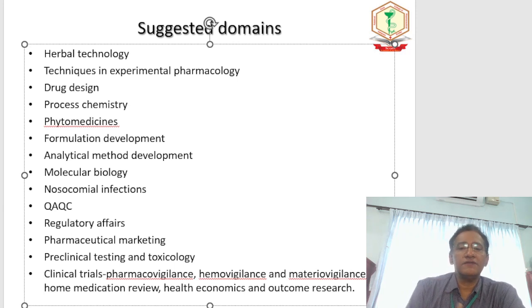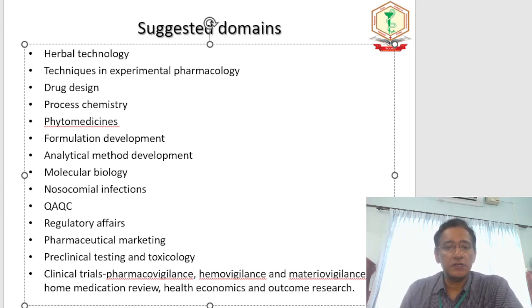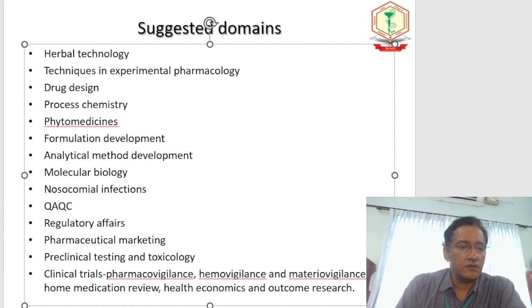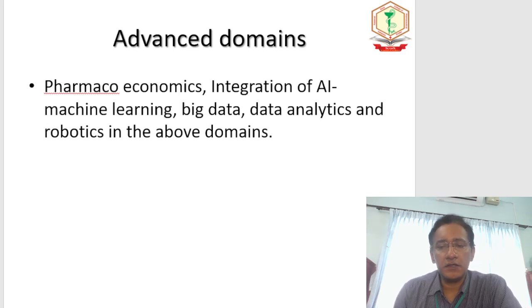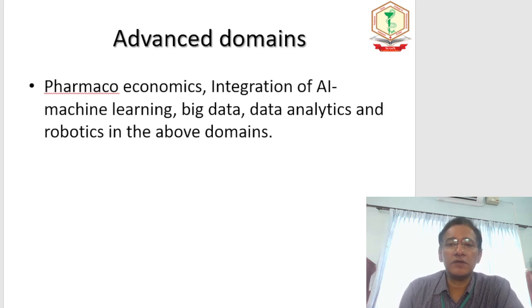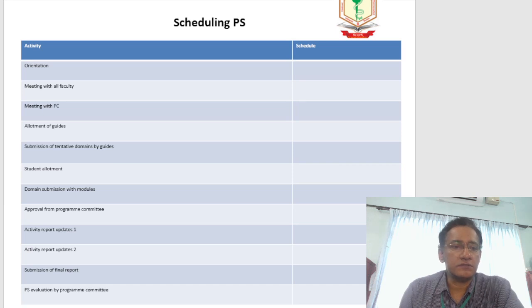So there are different ideas which we can generate from department to department, domain to domain. We can extract as much as possible. There are some advanced domains also available, which can be considered depending on the guide and the facilities available within the institution.